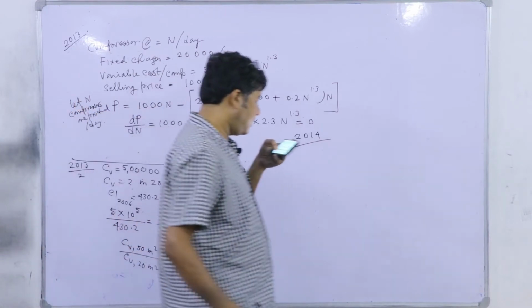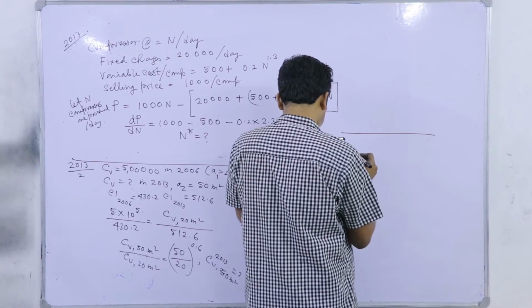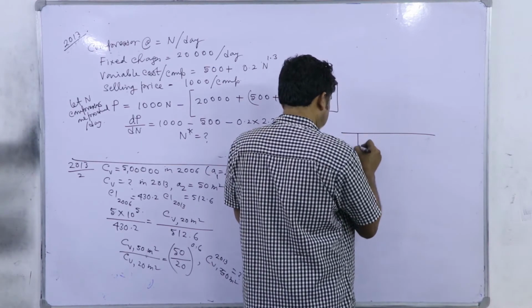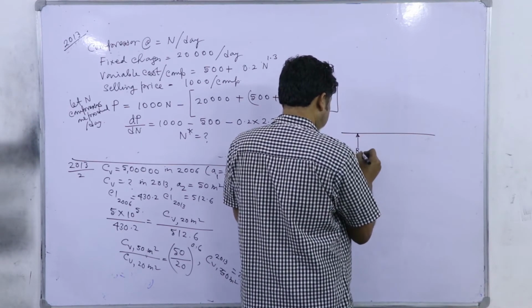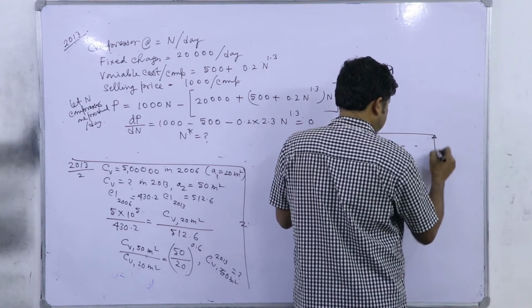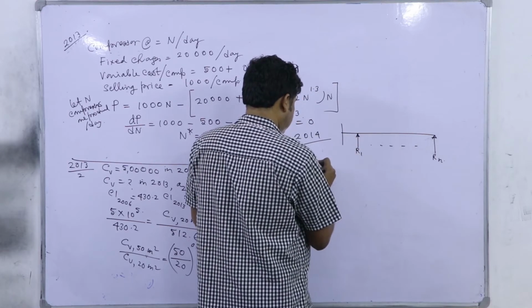So, you see the cash flow is received per year at the end of the year. So, this is R1, up to Rn. What will be the present worth?